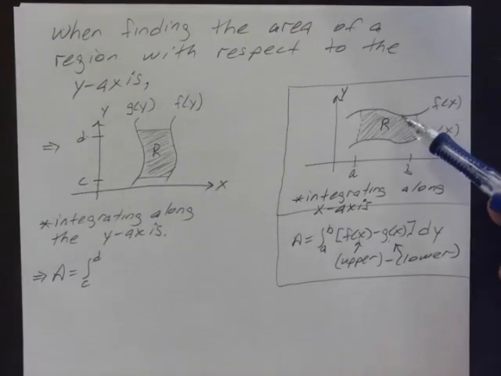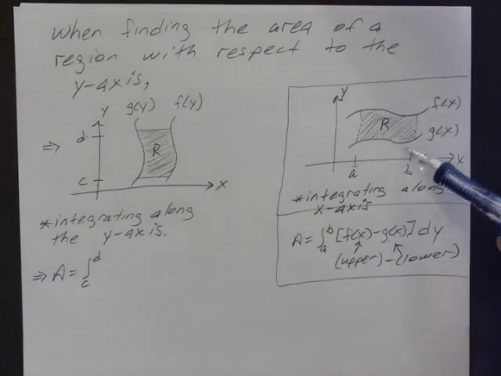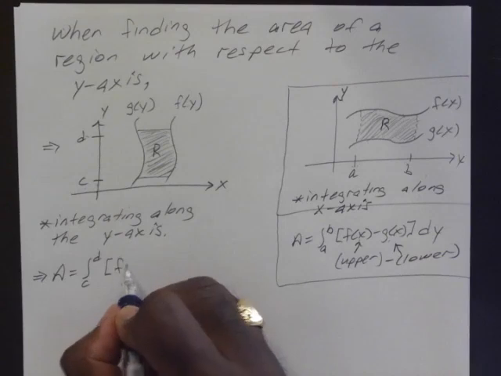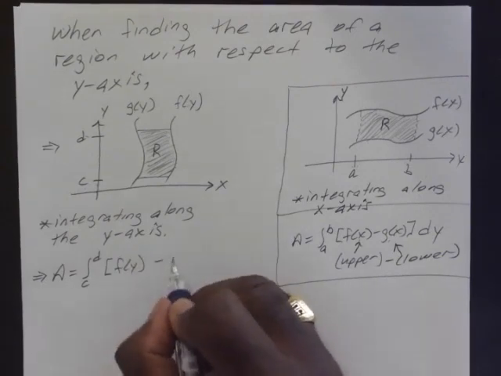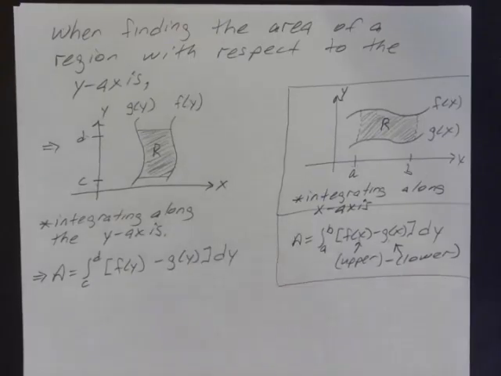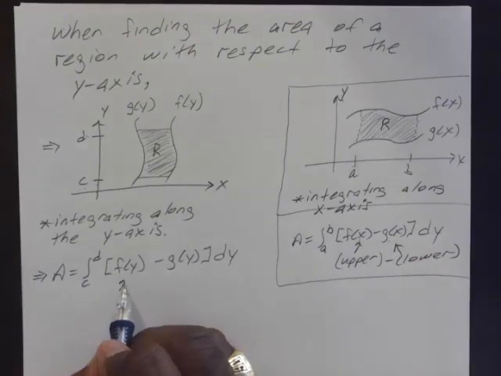Okay. And instead of going the upper function minus the lower function, this is going to be f of y minus g of y with respect to y. And this is just the function on the right minus the function on the left.